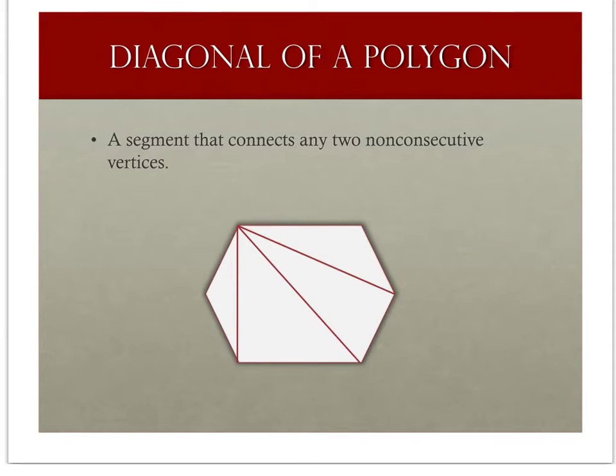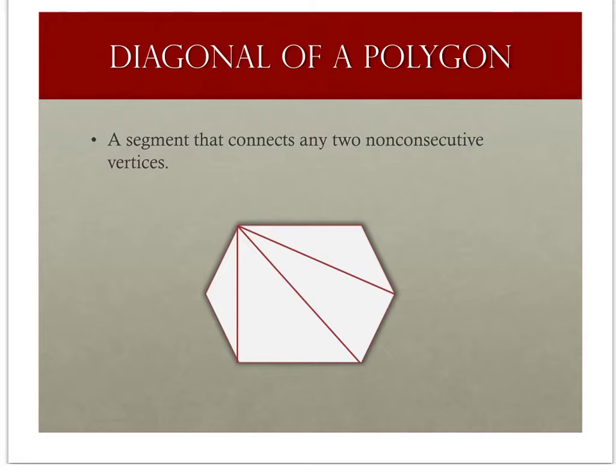When I do that, it takes my hexagon, which is a six-sided polygon, and divides it into 1, 2, 3, 4 triangles. We already know that the sum of all the angles of a triangle is 180. So I have 180, 180, 180, 180, and 180 times 4 is 720.